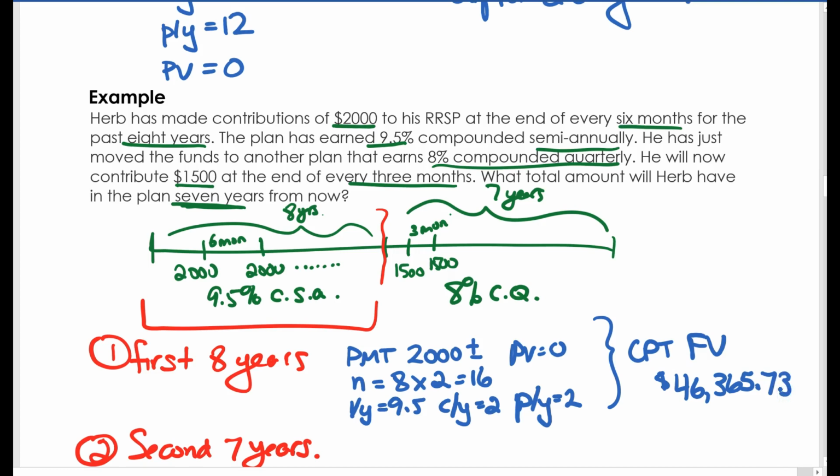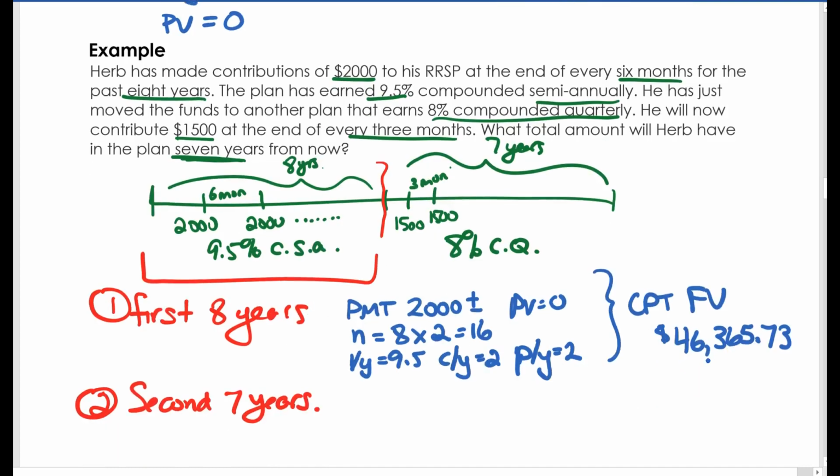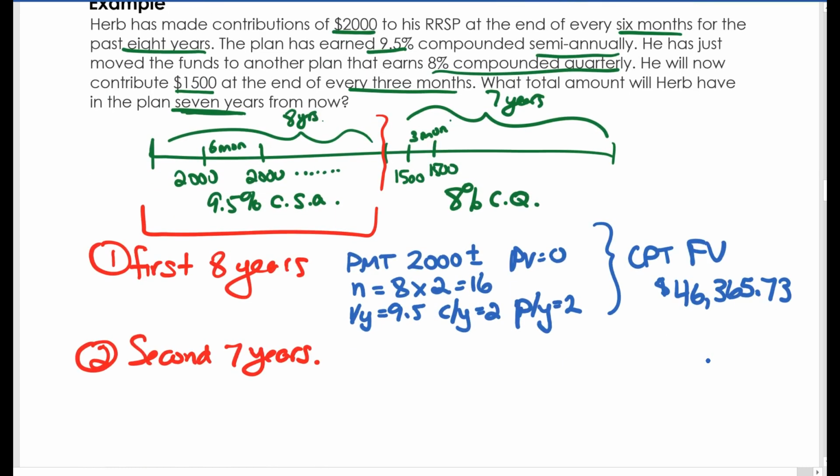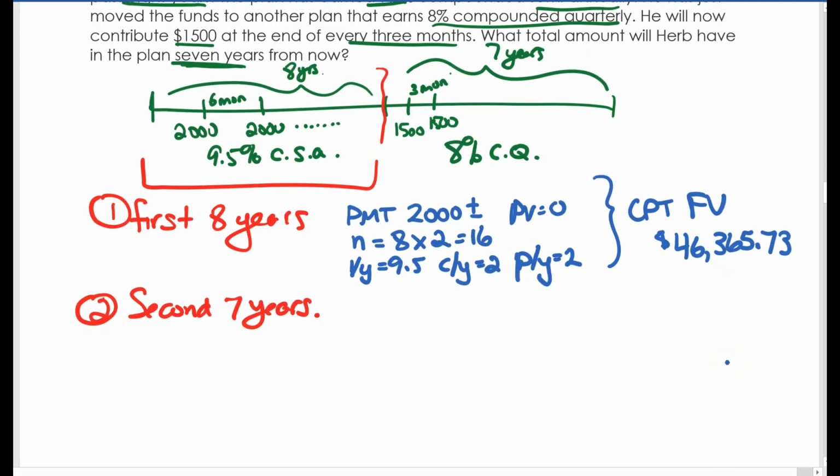We've taken $2,000 times 16, which is $32,000, but you're also getting interest at 9.5% compounded semi-annually. So when you add up all the interest on each of those payments, you end up with $46,365.73. So now we're going to look at the second 7 years.